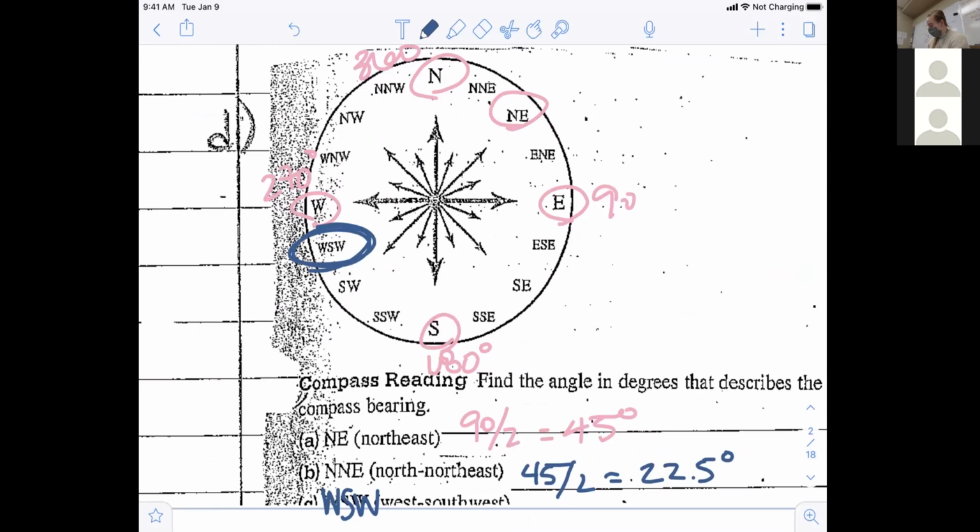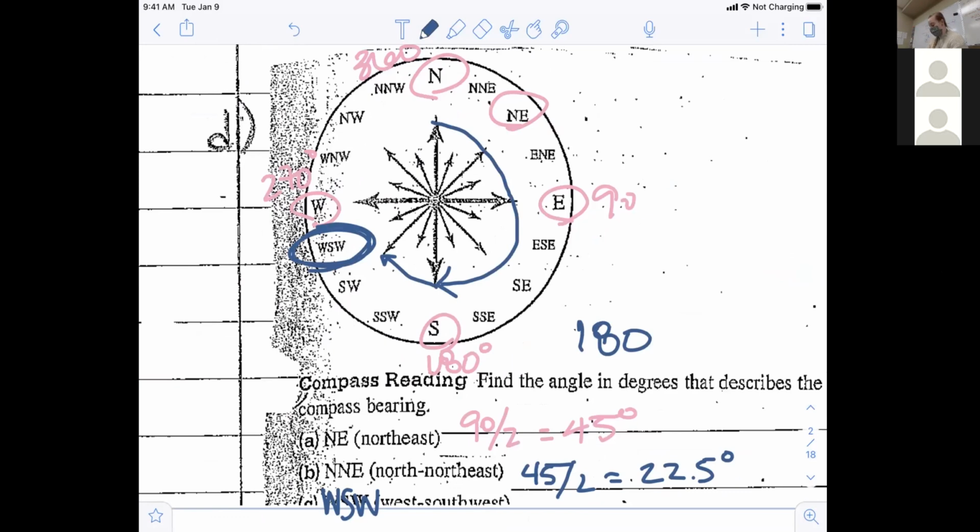So I'm going all the way from north to east and then also to south. I can't go all the way to west, though, so I'm going to stop at south. How much is it from north to south? 180. The next big increment I can do is from south to southwest. How much would that be? Nope, I think more than that.